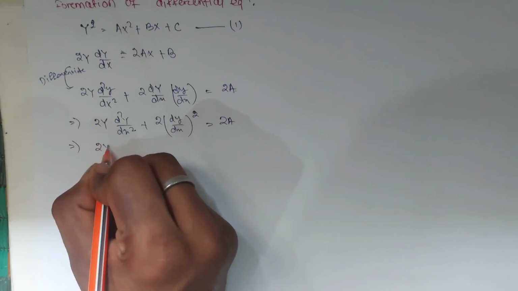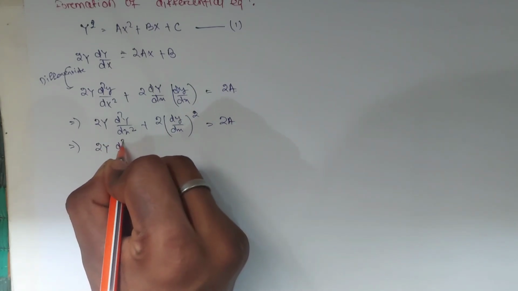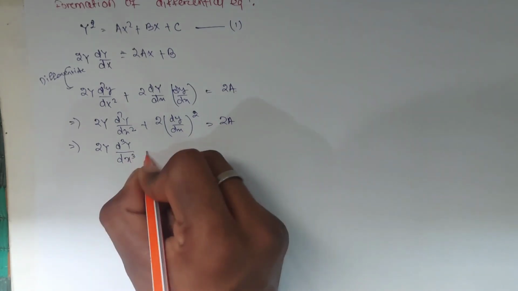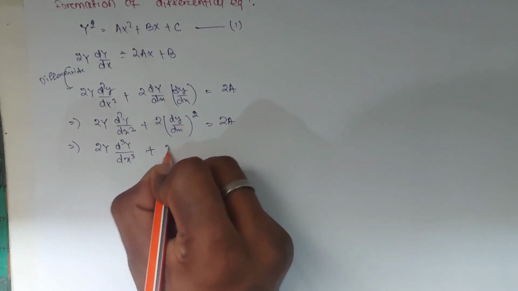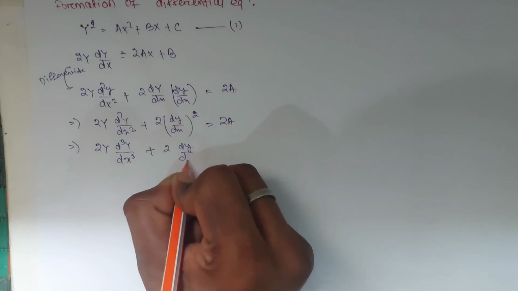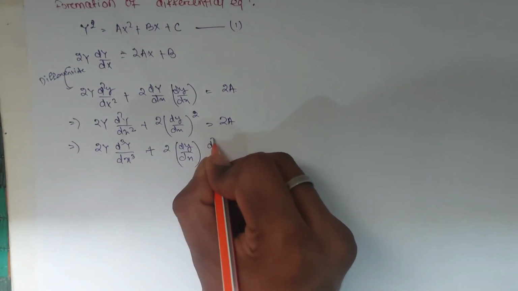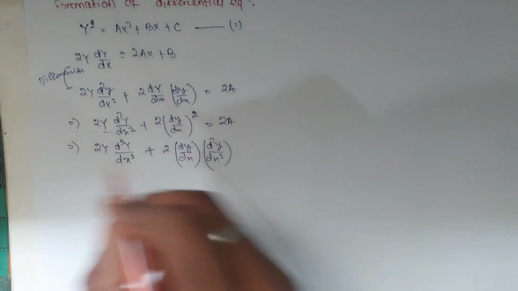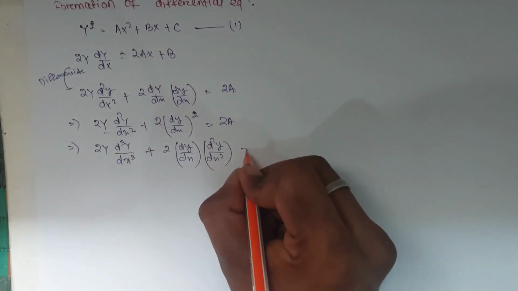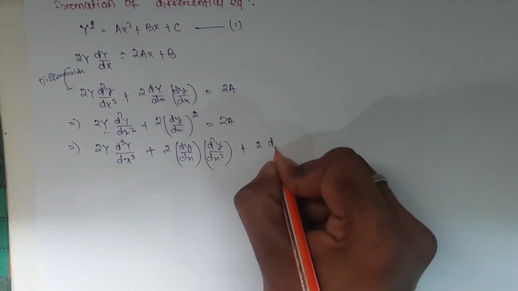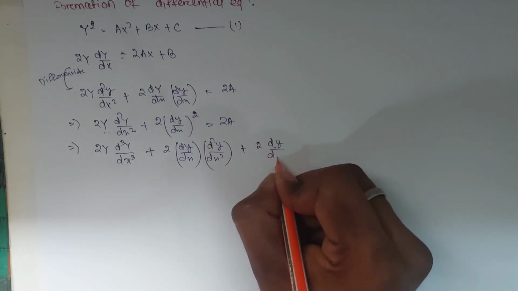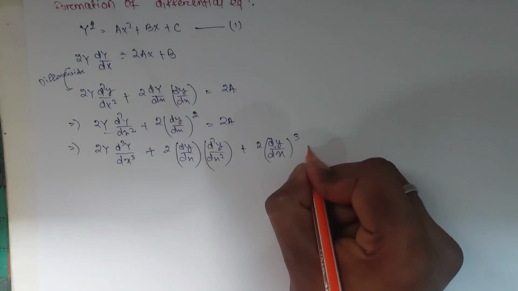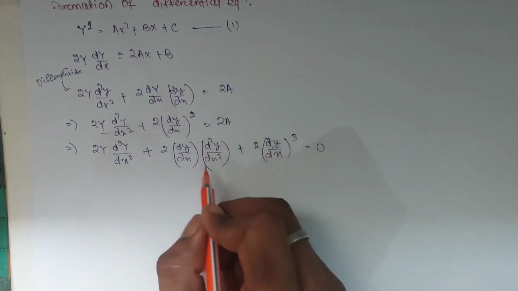If we differentiate, then 2y d cube y by dx cube plus 2 dy by dx into d square y by dx square. From this expression we get two terms, and then from the derivative of 2a we get 0, as it is a constant.